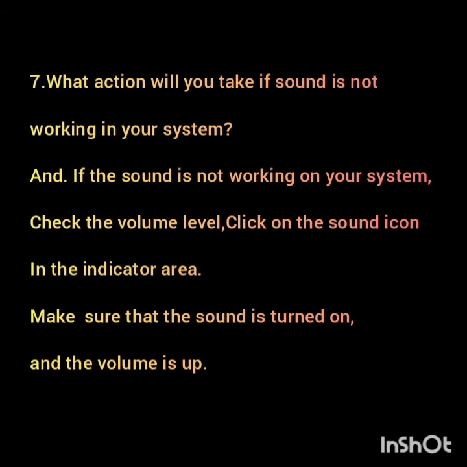What action will you take if sound is not working in your system? Answer. If sound is not working on your system, check the volume level. Click on the sound icon in the indicator area and make sure that the sound is turned on and the volume is up.